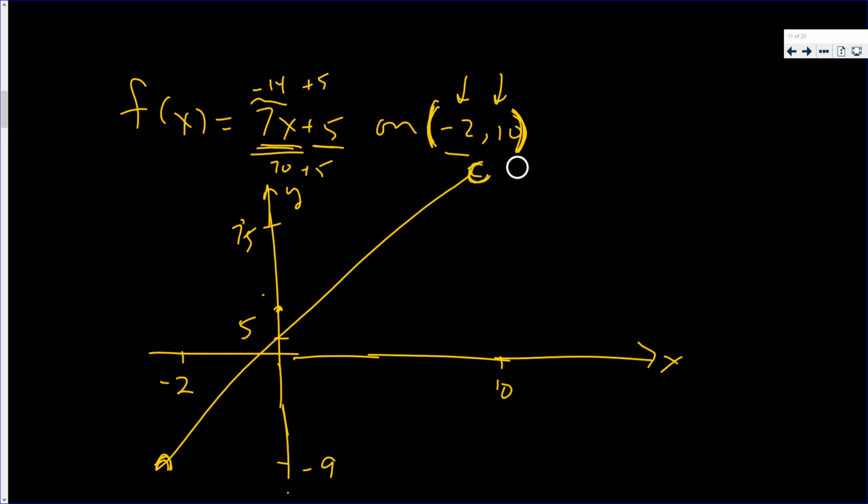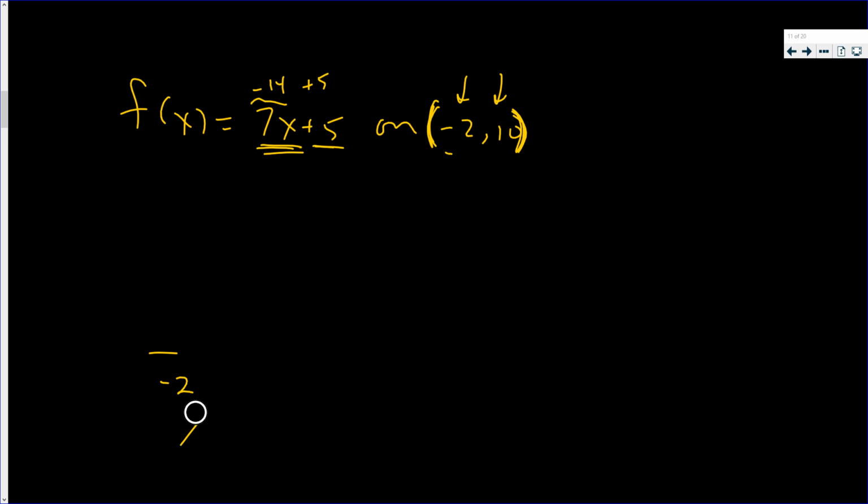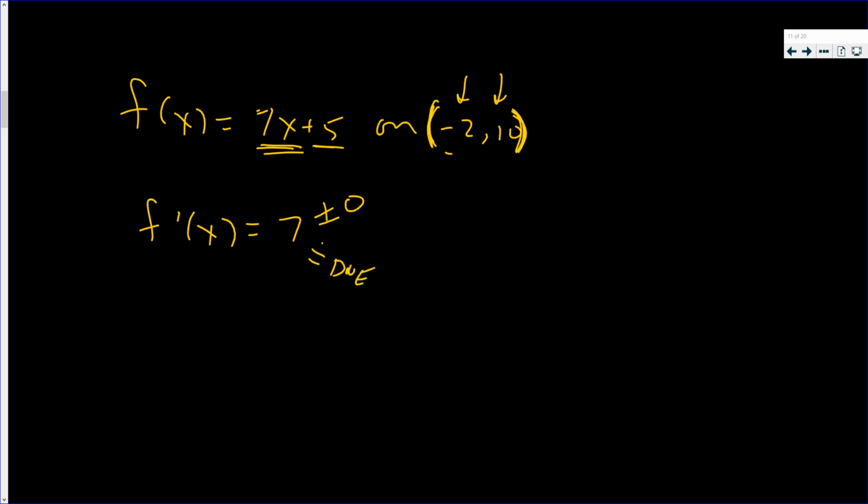But if you want to do it more formally, in the spirit of the section we're in, you take f prime of x, which is 7, and you set it equal to 0, and you set it equal to does not exist. 7 is never 0, and it never doesn't exist.